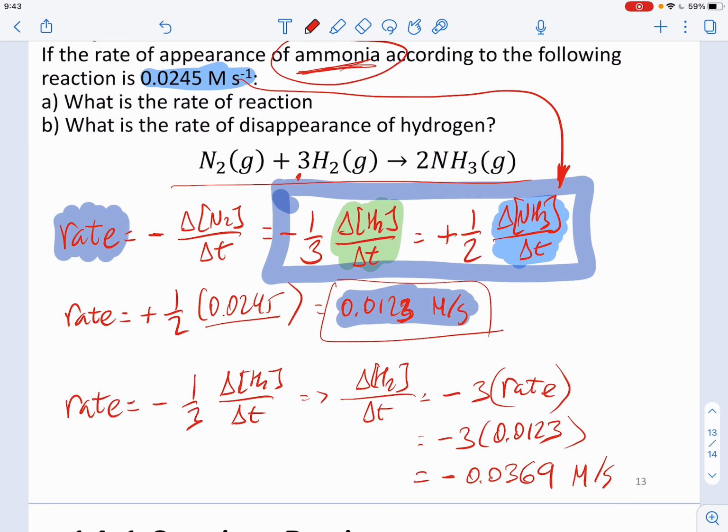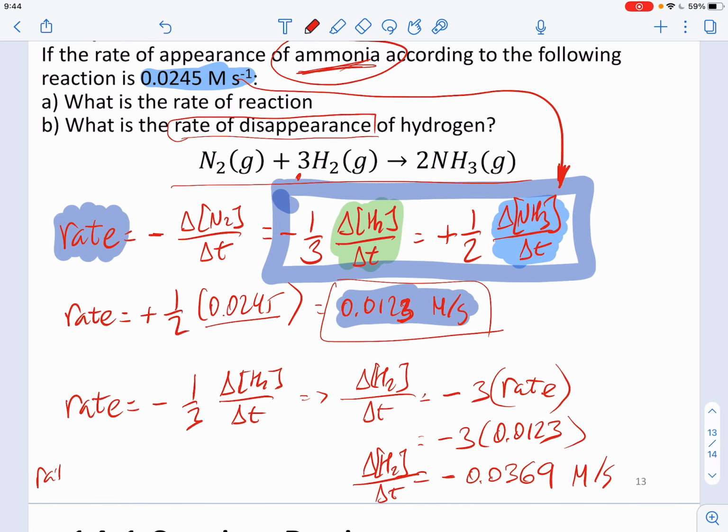Okay, now one thing that at some point is going to be confusing is we are referring to the rate of disappearance. Whenever we say rate of disappearance, we are implying the positive sign. So this is the value of delta H, this is delta concentration over time.